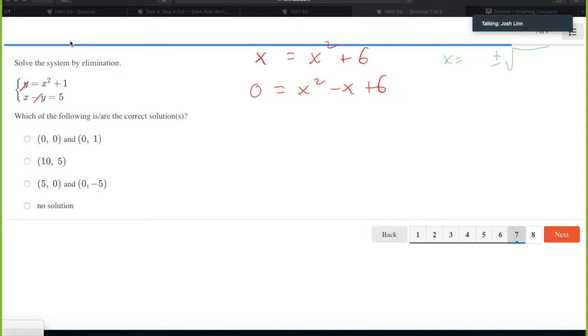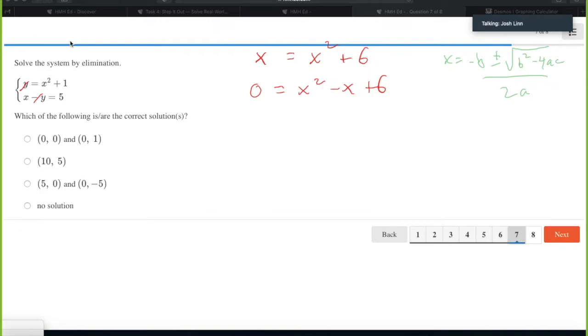Negative b, is it negative b plus or minus b squared minus 4ac all over 2a? I have to look that up. So that's what I told you before. I'm really bad at memorization. So, sorry. So yeah, negative b plus or minus square root of b squared minus 4ac, all over 2a.